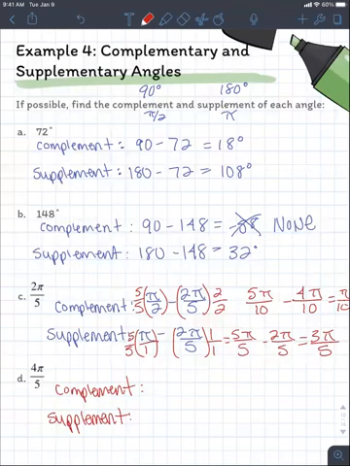So 90 degrees is the same as pi over 2, and 180 degrees is the same as pi. And remember, if it's negative, then you're going to say none. If it's positive, you'll just say what the answer is.